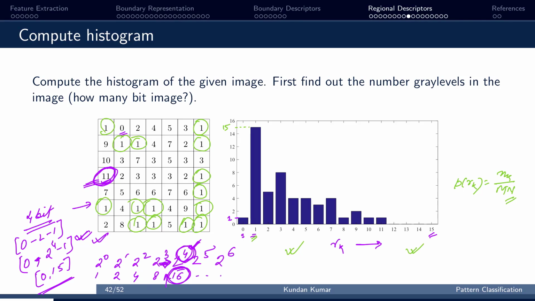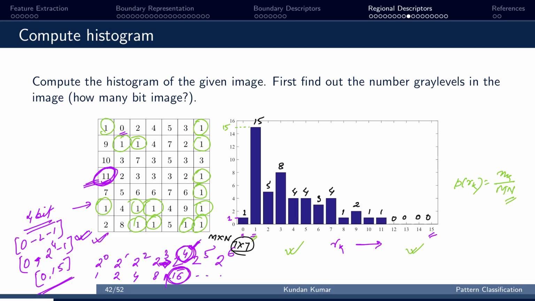In this image, M cross N is 7 cross 7. So this is the dimension, and we can put the values as well. So this is 1, this is 15, this is 5, this is 8, 4, 4, 3, 4, 1, 2, 1, 1, 0, 0, 0, 0. Okay, so these are the counts of these intensity values.